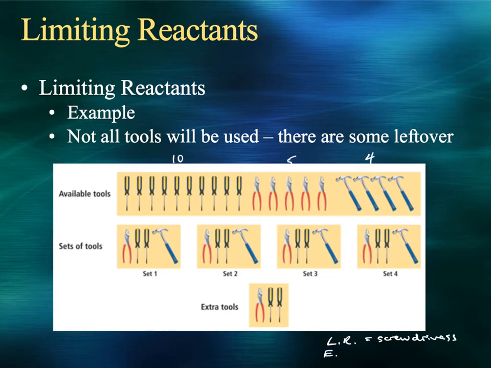The excess reactants in this situation are the pliers, because we have extras of those, and the, whoops, I wrote this wrong here. This should be hammers. I'm talking nonsense. And this should be pliers and screwdrivers down here. So the limiting reactant was the hammer. We had 4 hammers. The excess reactants are pliers and screwdrivers.